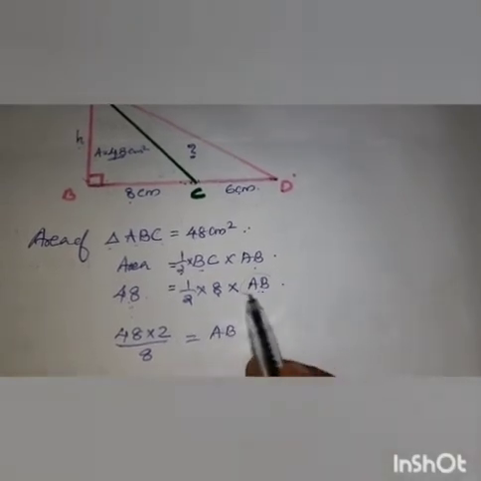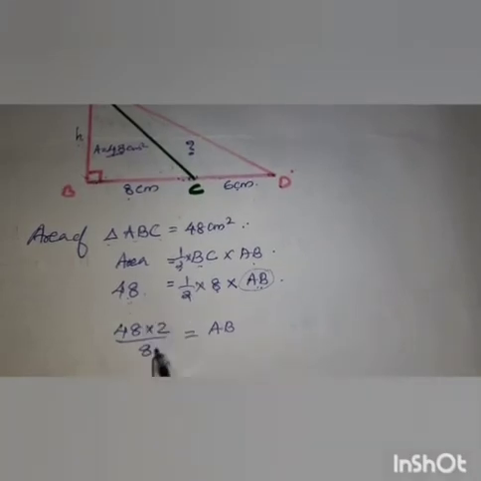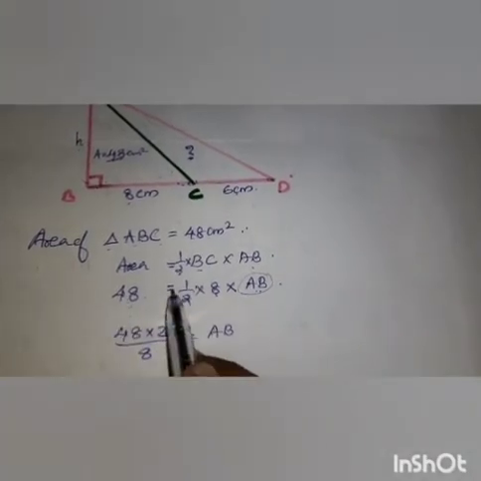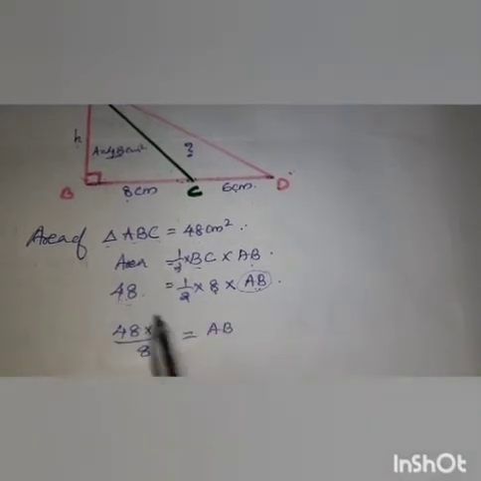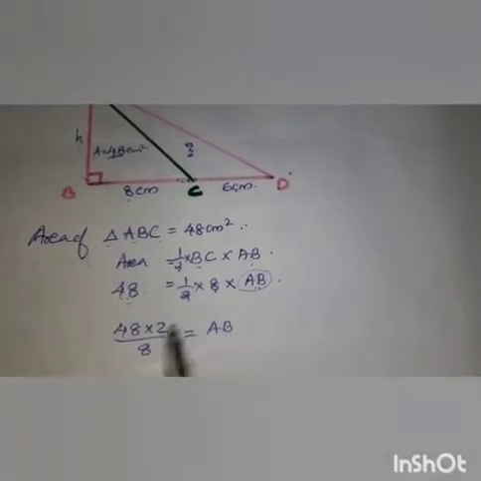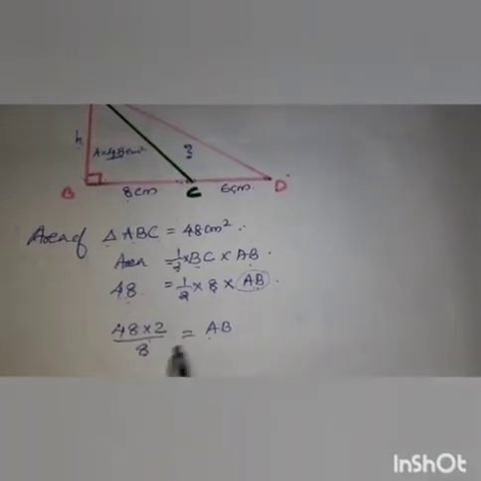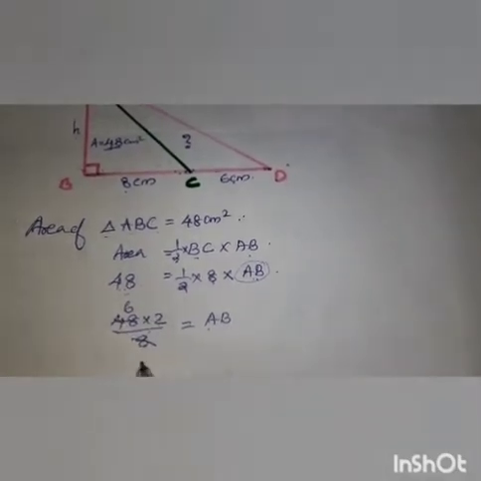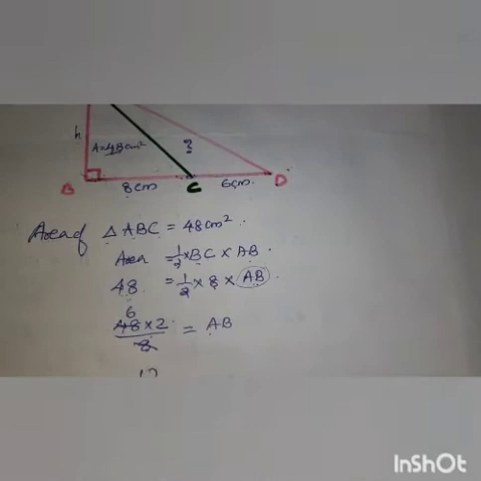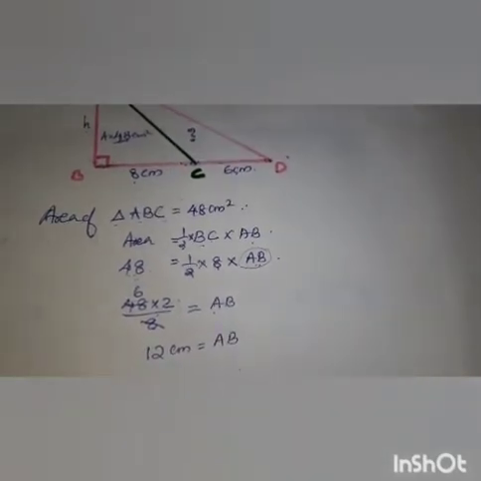So to find AB, this 1 by 2 becomes 2 by moving to the other side, and multiplication becomes division. So 48 into 2 by 8 is AB. Then 6 8s are 48, so 6 2s are 12. So 12 centimeter is the length of AB.